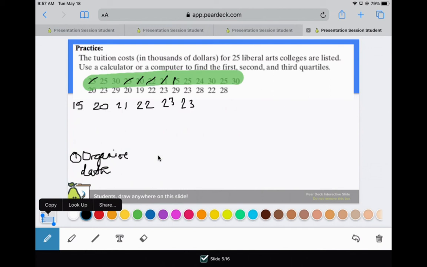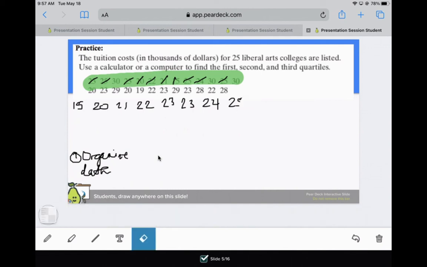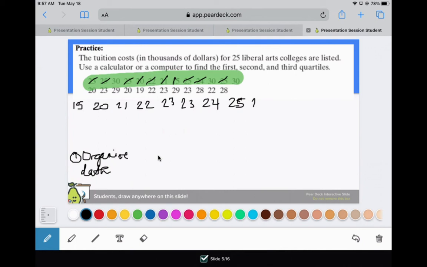Then I have 24, there's only 1. I have 2 of 25. I have 3 of 25, so one more. 25, 25, and 25. Then I have 30. So that's step number 1.